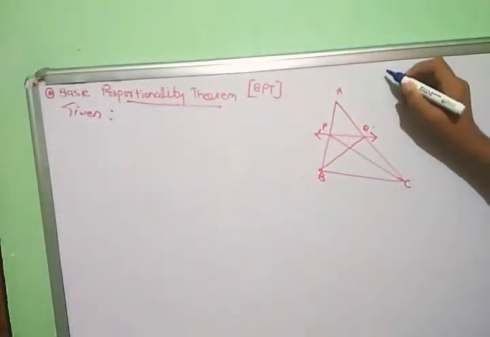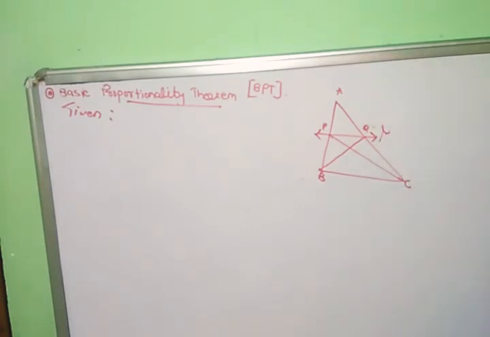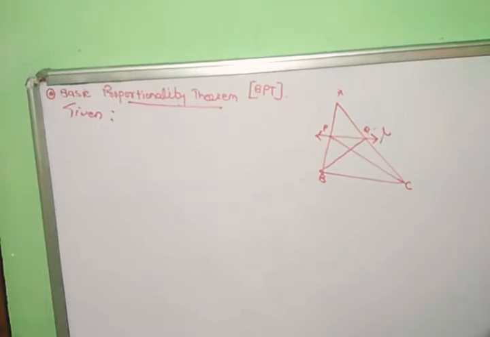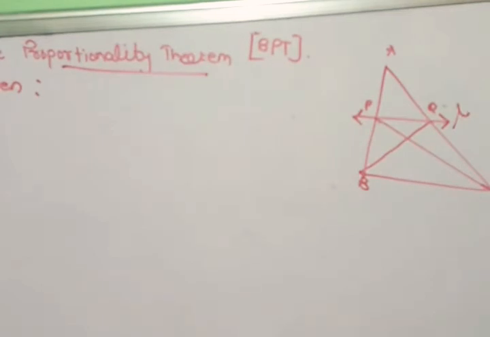So the theorem is: when a line is parallel to a side of a triangle, the line divides the remaining two sides in the same proportion.